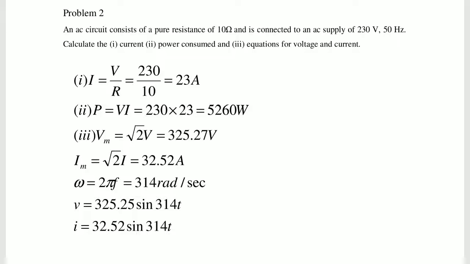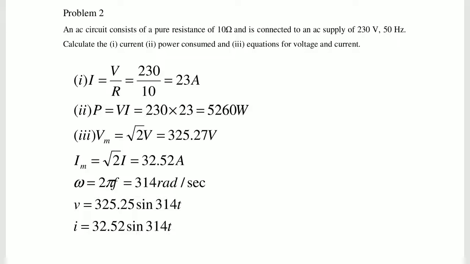Now what is the instantaneous equation? v is equal to Vm sin omega t. Here small v, the instantaneous voltage, is equal to the maximum voltage 325.27 sin 314t.